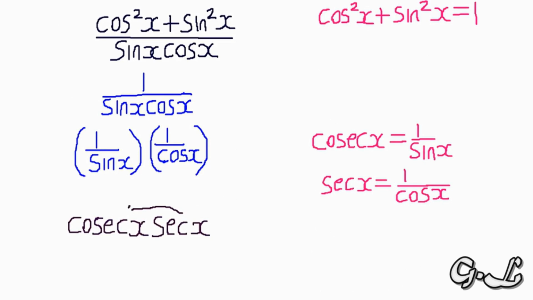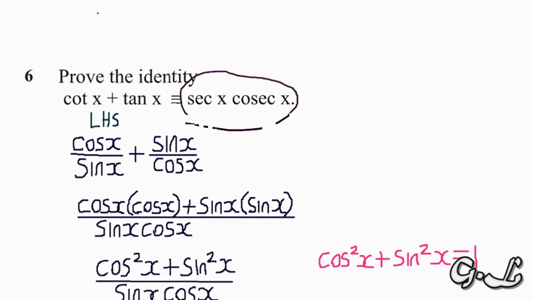And then when you check in the statement, they started with sec x, and what followed was cosec x. So since this is multiplication, between these two terms there is multiplication, they can be swapped. Sec x can be to the left hand side, and cosec x can also be to the right hand side. There is no harm in doing that.